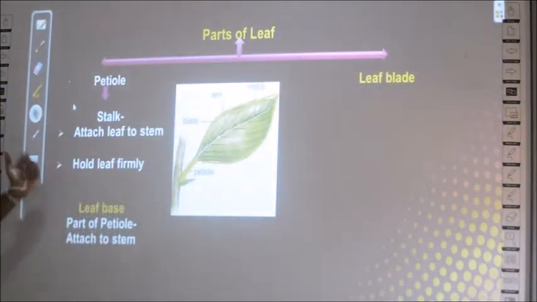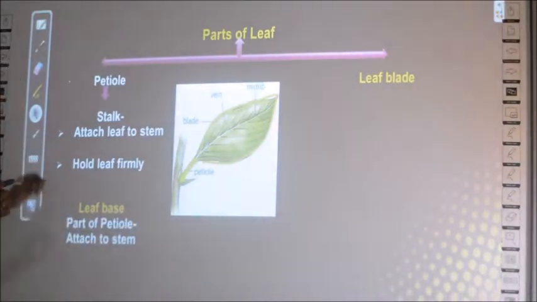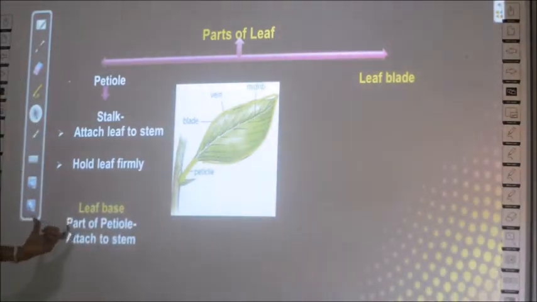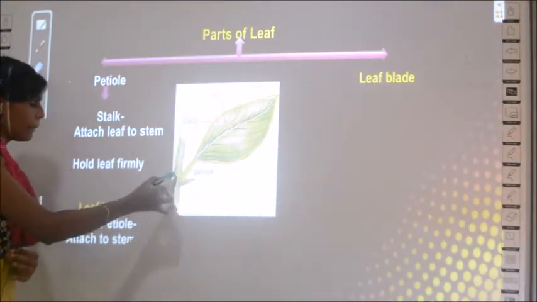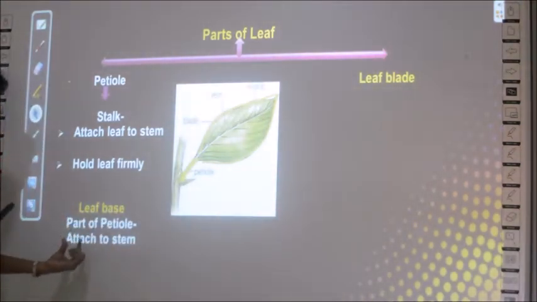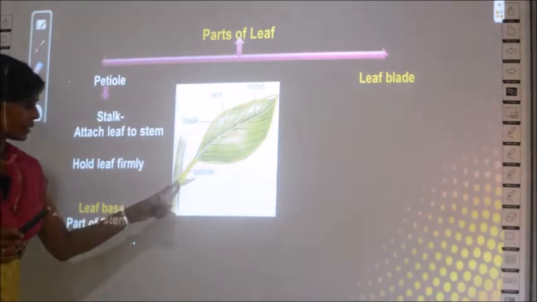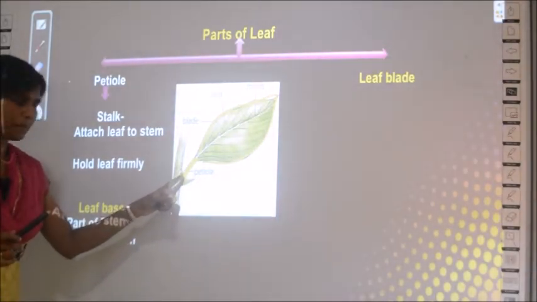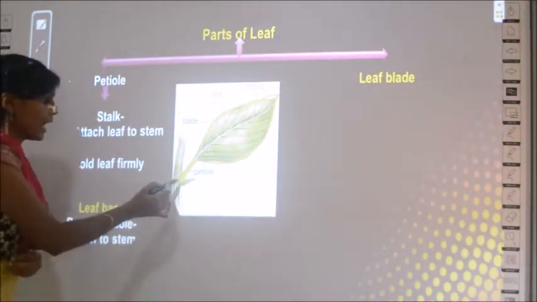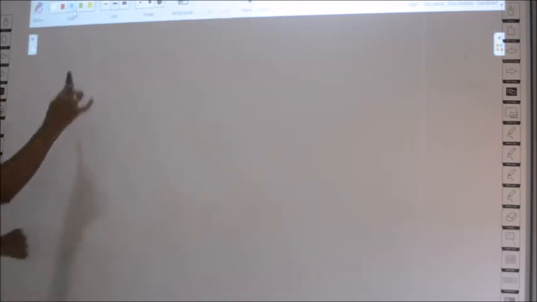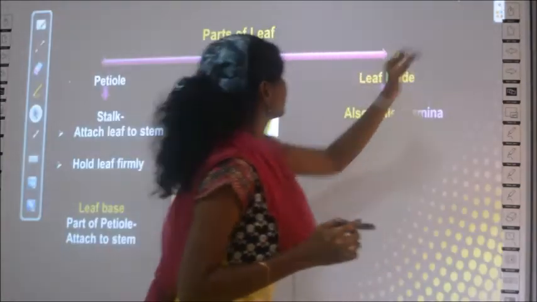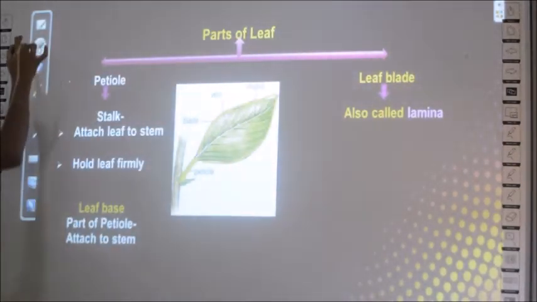And then what is the leaf base? Part of the petiole. This is petiole, and the part of the petiole which is attached to the stem. Can you see here? This portion of the petiole is attached to the stem and this is called the leaf base. So which is the leaf base?